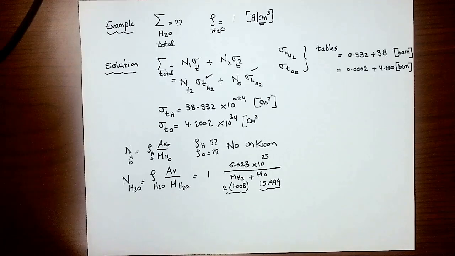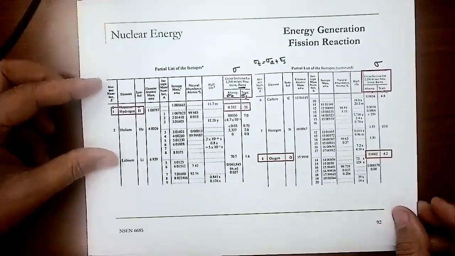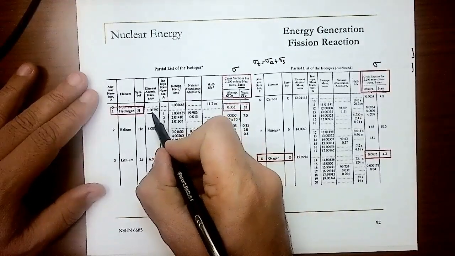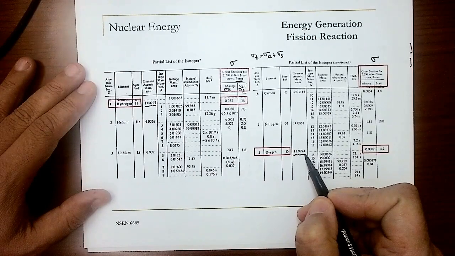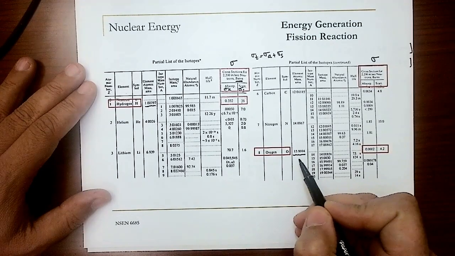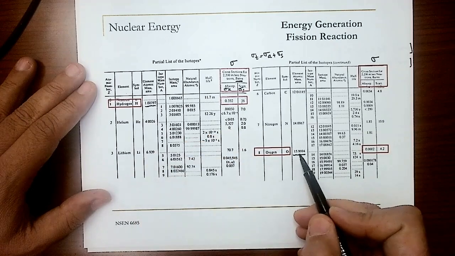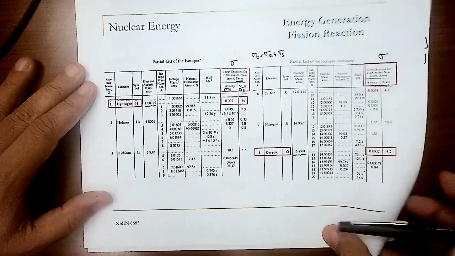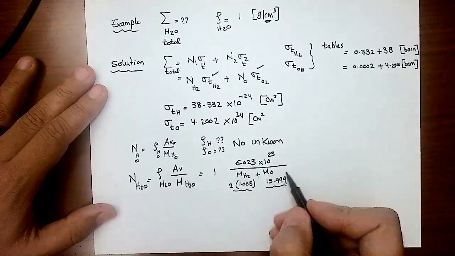Here is the molar mass of hydrogen, and here's the molar mass of oxygen. Try to make the significant digits equal for each one of them. So I put 1.008 and 15.999. You do that, and you can get the number density of water.